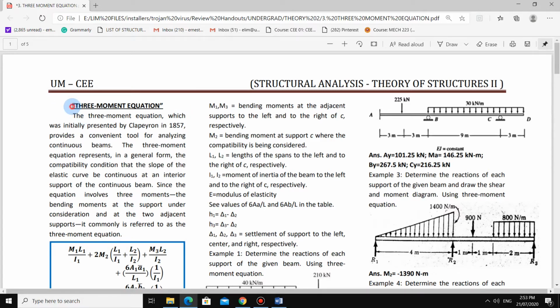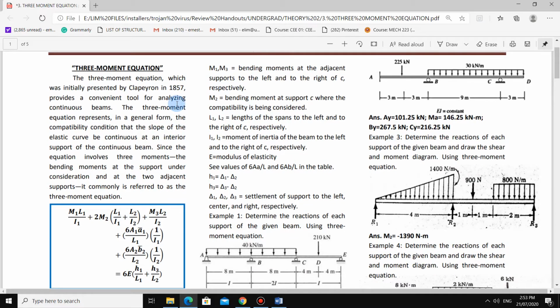The three-moment equation method, which was initially presented by Clapeyron in 1857, provides a convenient tool for analyzing continuous beams. The three-moment equation represents, in a general form, the compatibility condition that the slope of the elastic curve be continuous at an interior support of the continuous beam.